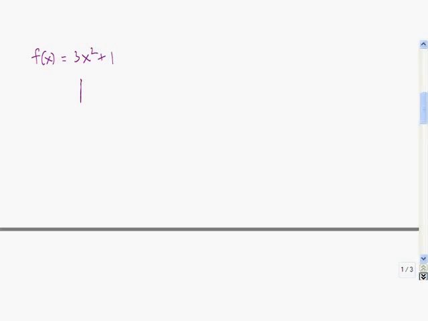I won't be completely precise about how wide it opens. So it's going to look something like this. So here is the y-intercept of 1. There's a rough sketch of the graph of that polynomial.